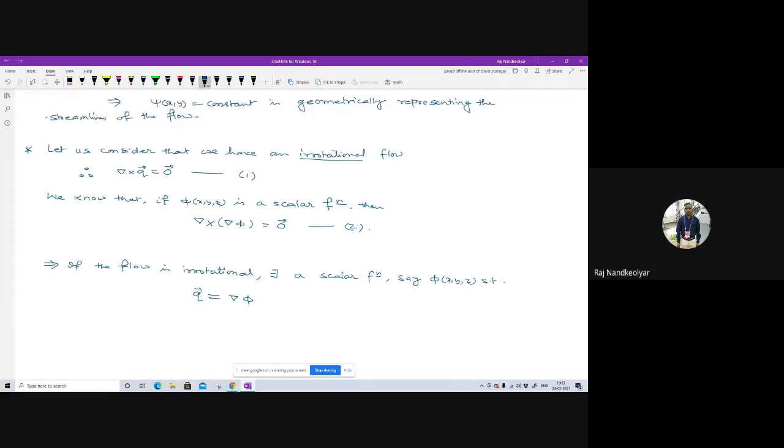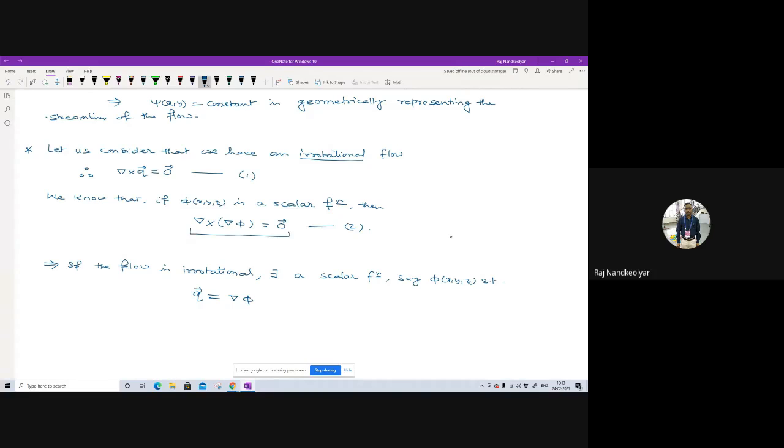Tell me, can we write Q equal to gradient of phi or not? Yes, sir. Because we already know from vector calculus that curl of gradient phi equals 0. Now, for irrotational flow, we know that curl of Q equals 0.